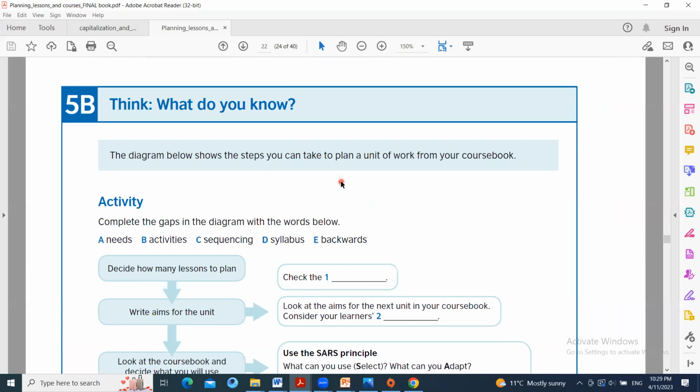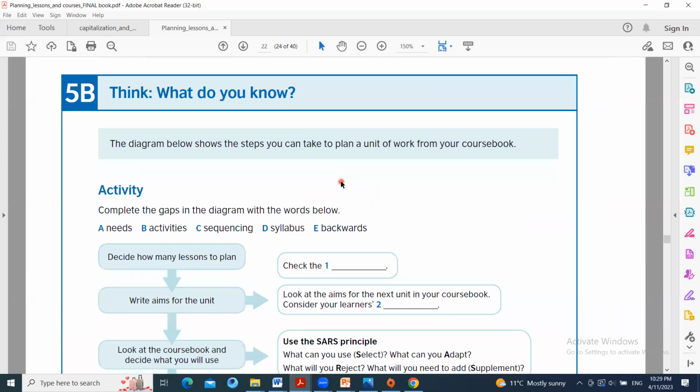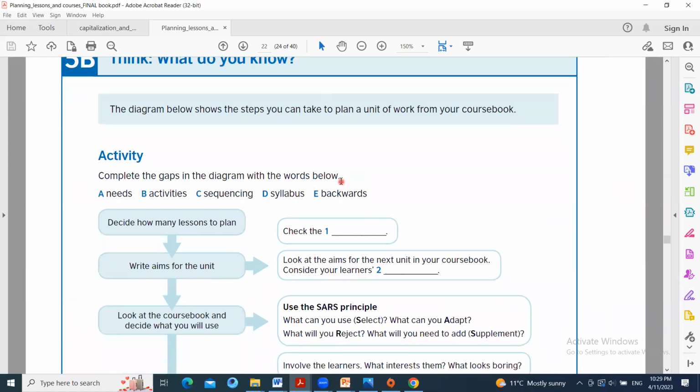Now, part B of this lesson, think, what do you know? The diagram below shows the steps you can take to plan a unit of work from your coursebook.